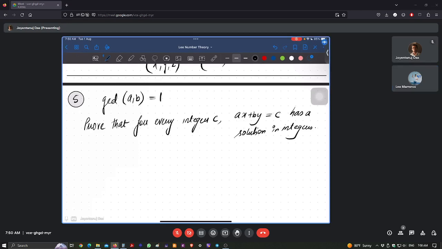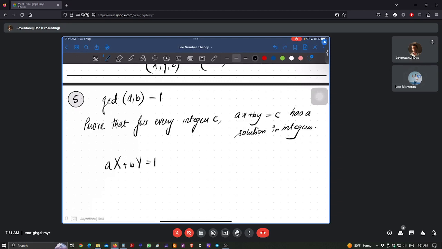So what you can do is, we know that if the equation has one on the right side, then it always has a solution, right? So suppose I take this equation, ax plus by equals 1.